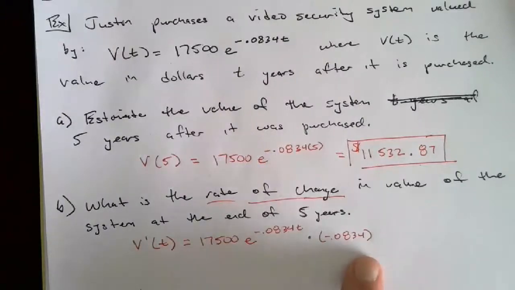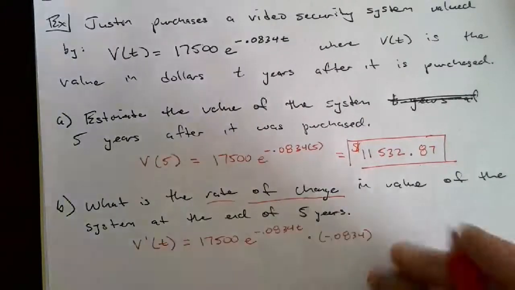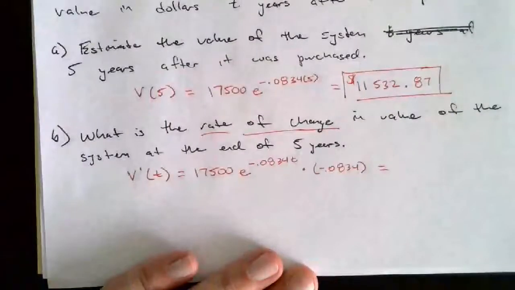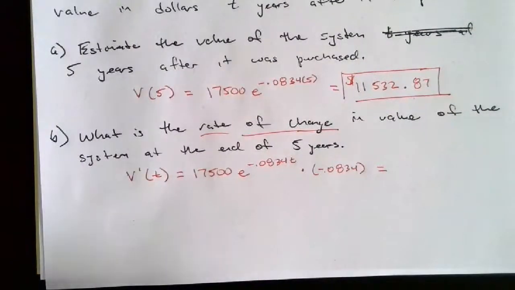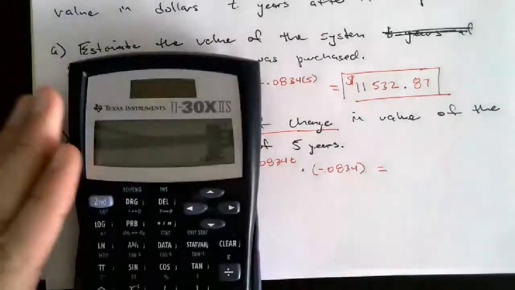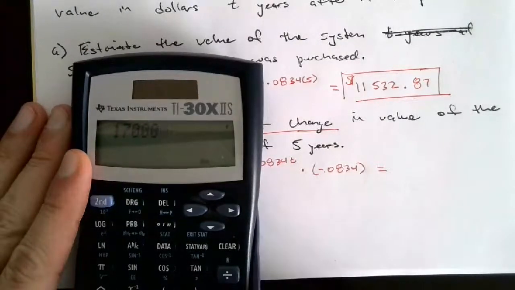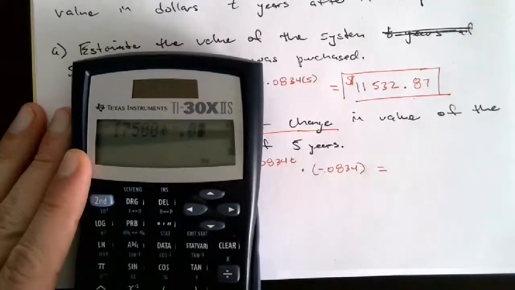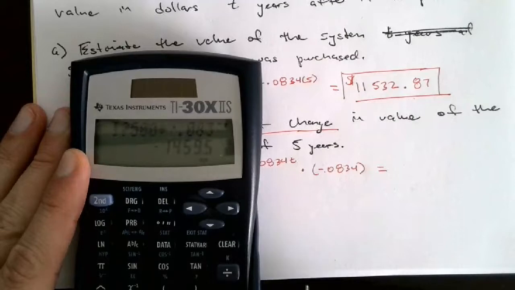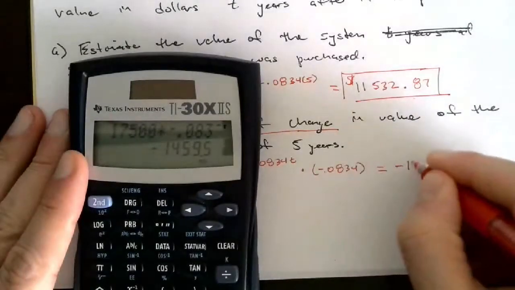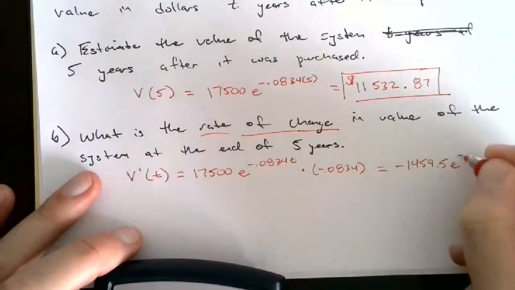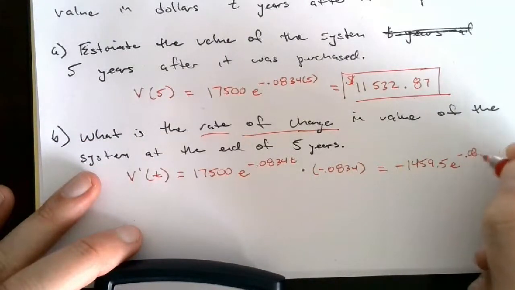And that's our derivative. If you wanted to simplify it, you could multiply those coefficients together. 17,500 times negative 0.0834 gives us negative 1459.5, and then this is e to the negative 0.0834 t power.